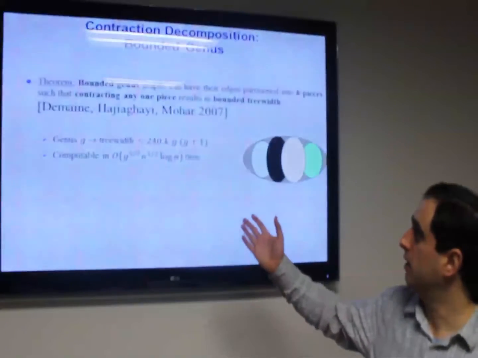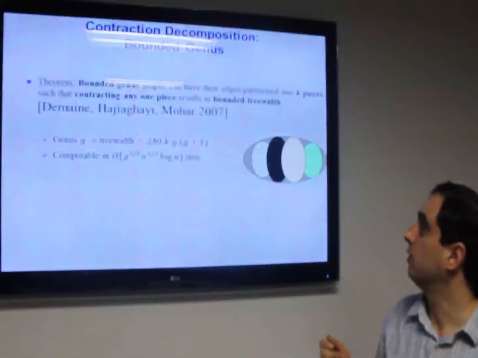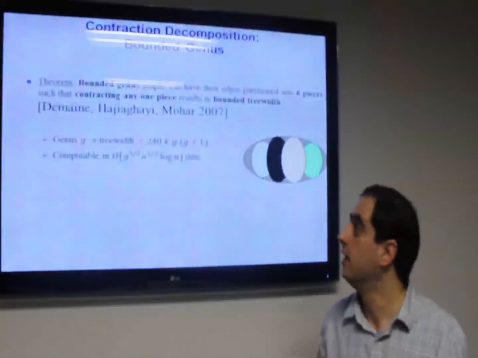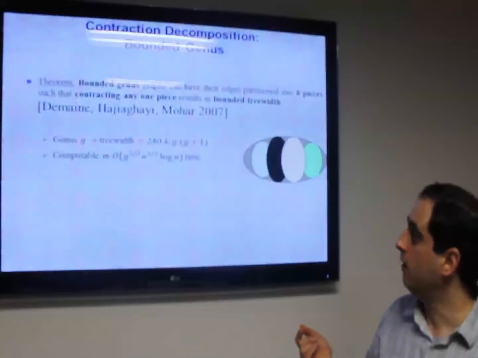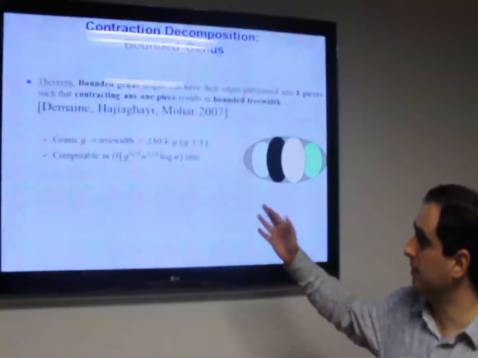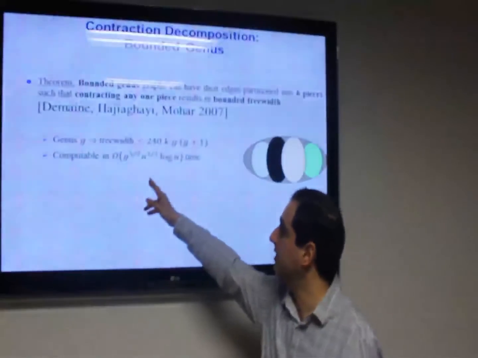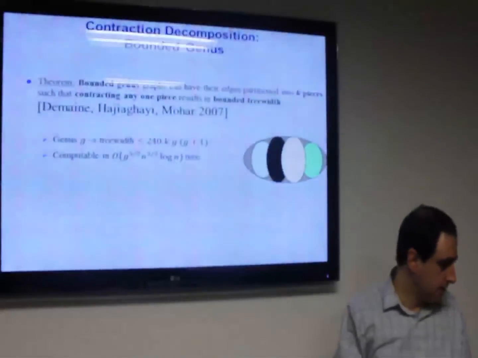For example, this is the theorem that we have for bounded genus graphs. For bounded genus graphs, the edges can be partitioned into k pieces, such that contracting one piece results in a bounded treewidth. Similarly, if you divide it into k pieces and then delete one, the treewidth would be this number, and it can be computed in this time. So this is an explicit construction.